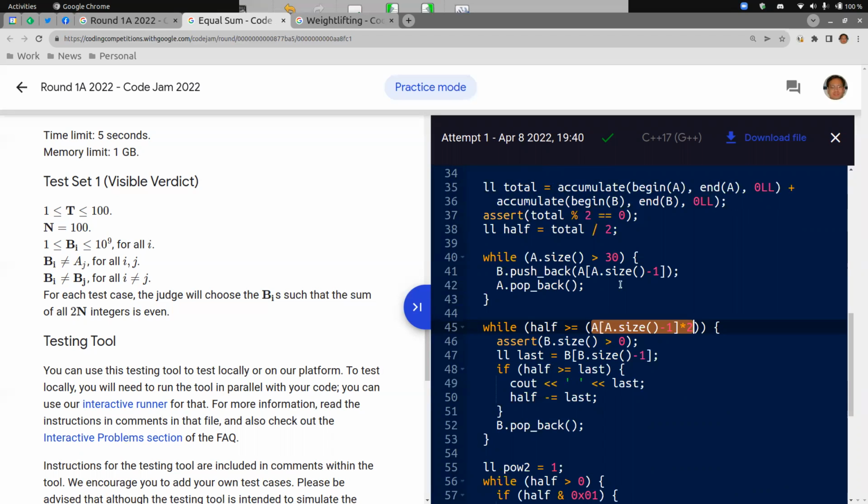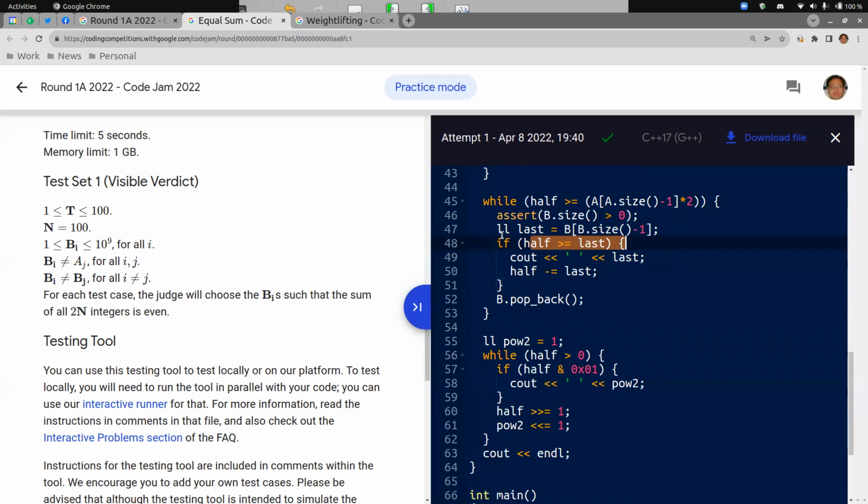So if half is too big, then what am I going to do? I'm just going to pick one of the values from B, remove it, and print it. I want to make sure that I pick one that's not bigger than half. If I manage to pick one that's bigger than half, then I don't use it. That's just an extra check to make sure.